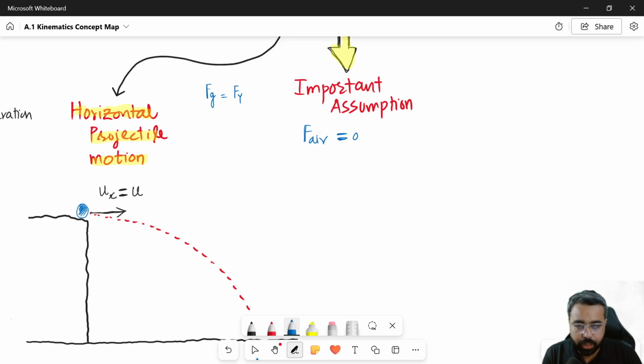The force due to air resistance, the drag force, may have two components, and if we assume there's no air resistance, its y component will be 0 as well as its x component will be 0. Along the y-axis there's already the force of gravity that cannot be ignored, so we will focus more on this force.